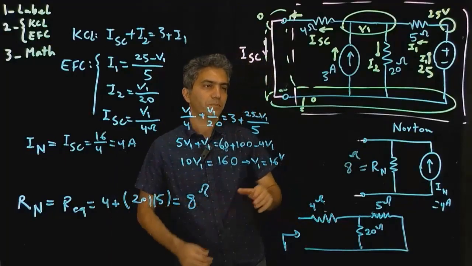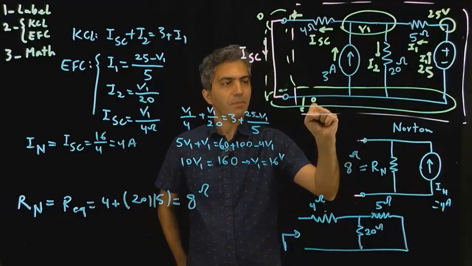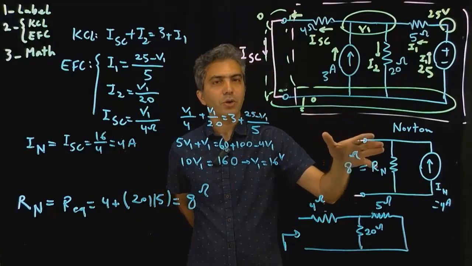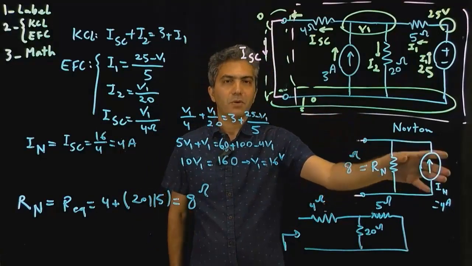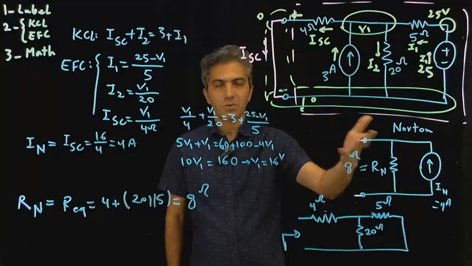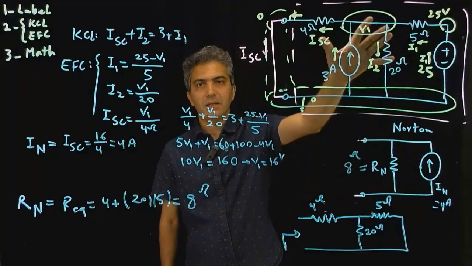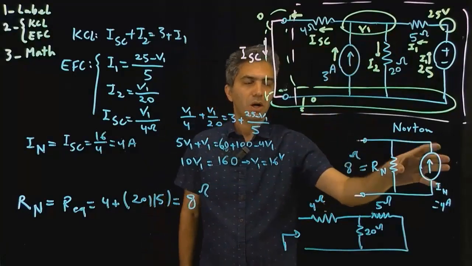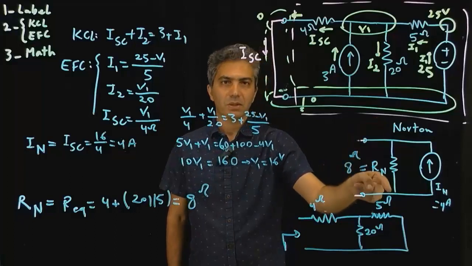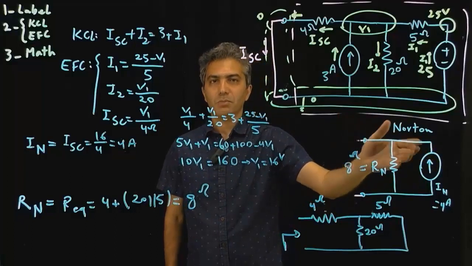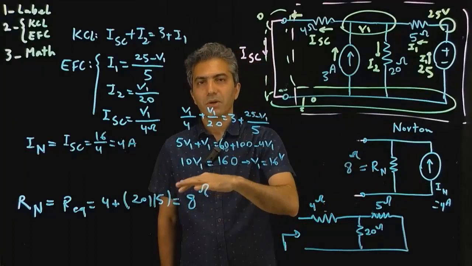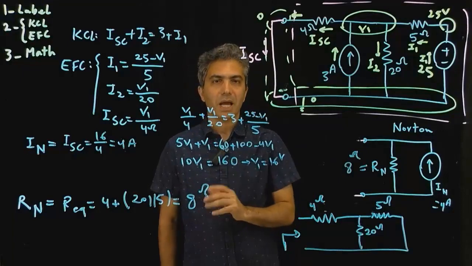So again, to recap, we could choose either a voltage source in series with a resistor, which was called a Thevenin model, as the equivalent for this circuit, or a current source in parallel with a resistor, which is called the Norton model. We already took care of the Thevenin modeling and how to do that.